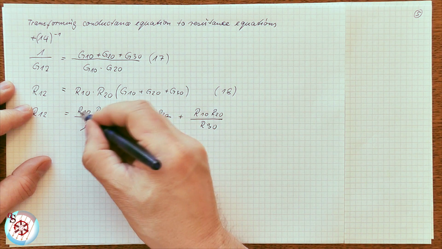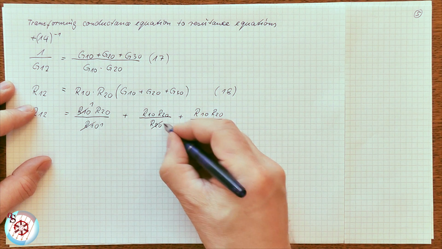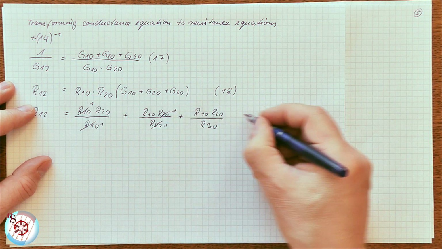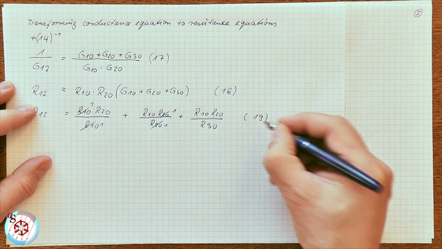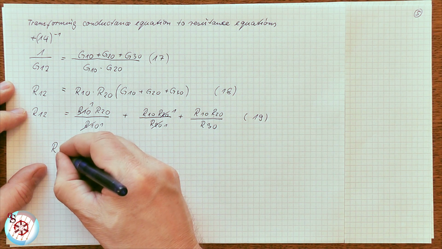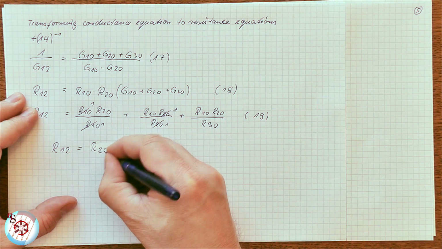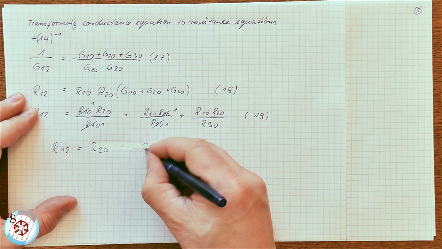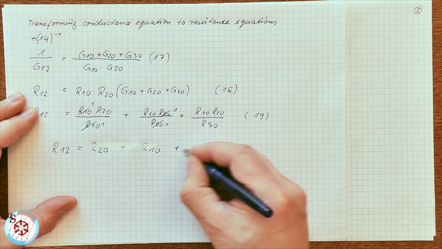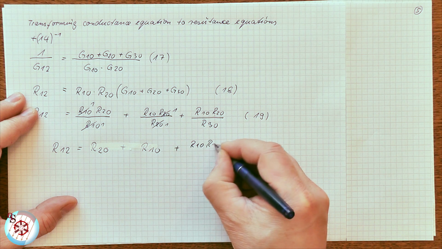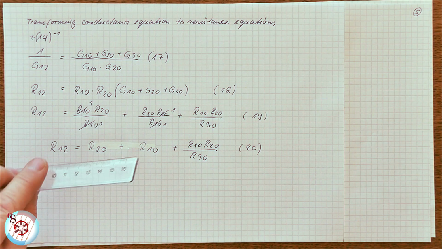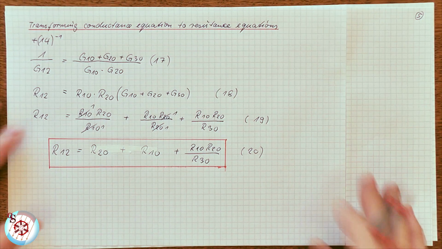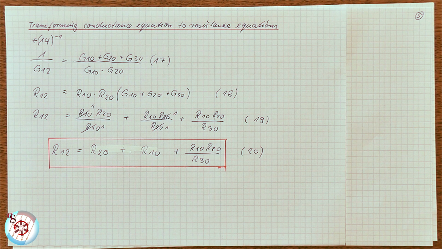So what we have here, this cancels out, and this is equation 19. And our last equation is of course R20 plus R10 plus R10, R20 divided by R30. That's our final equation. So hope you enjoyed it. See you next time.